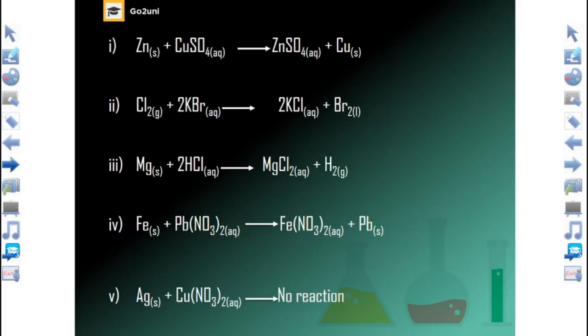So this is why it is said that for an element to displace another element, it must be higher than that element in the electrochemical series. So this is displacement reaction.